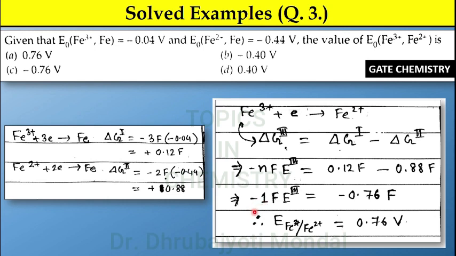So minus 1 into F into E3 is equal to minus 0.76 F. So E3 is equal to plus 0.76 volt. So that is the answer. The value of E0 for Fe3+ to Fe2+ is plus 0.76 volt.